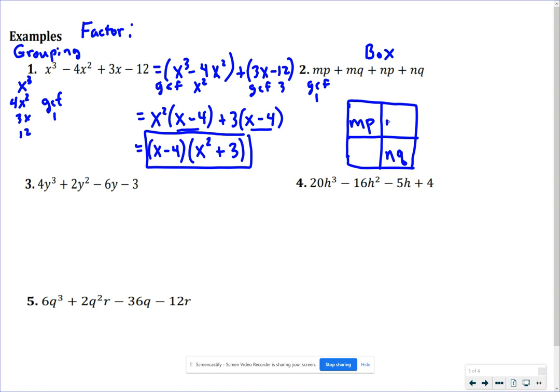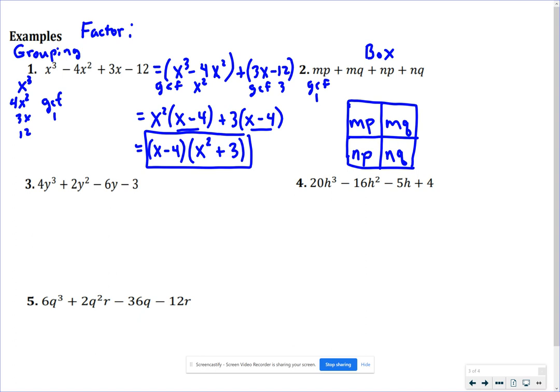So MP, then MQ, then NP, and then NQ. First term gets the first square, last term gets the last square, and the other two, I can switch them around. It doesn't really matter, but I'm going to be consistent, and if I'm consistent in the process, I'll be more likely to remember. That one's an N. Okay, so now what we're going to do, and this is a P, make sure that looks like a P.